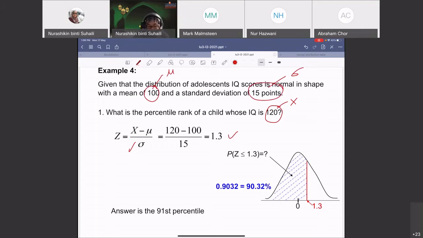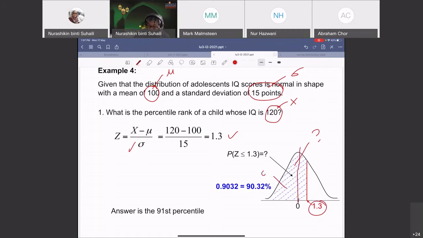So now you sketch on the graph, on the distribution. 1.3 should be somewhere on the right here, right? And the whole thing that is covered from the left hand is the area that you are actually looking for, the probability. So how to find that?